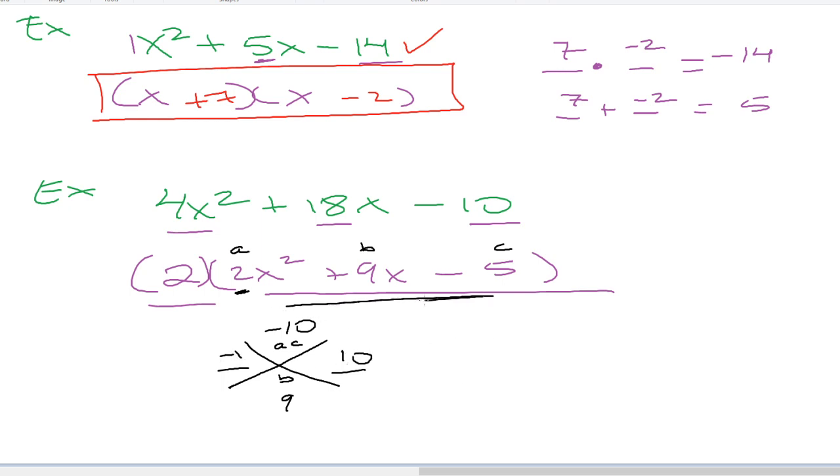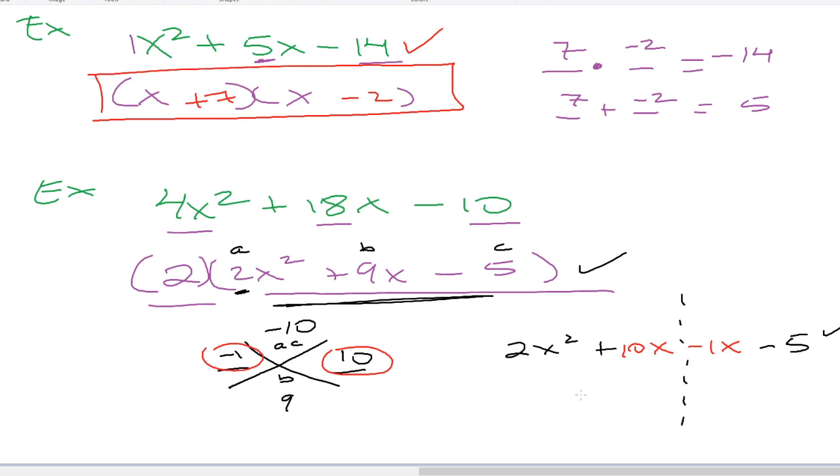So I'm going to rewrite this as 2x squared plus 10x minus 1x minus 5. So essentially this equation here, I rewrote it again down here, but now I'm going to factor this using the grouping method that we learned a few days ago.